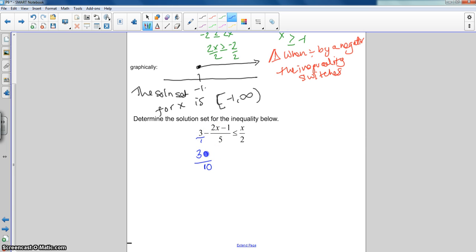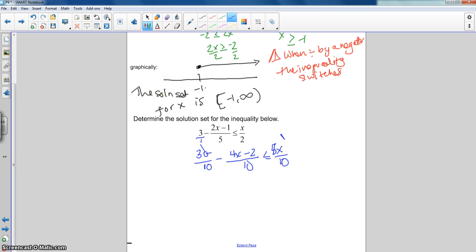This next one I need to multiply top and bottom by 2, so that's minus 4x minus 2 over 10, less than or equal to x, 5x over 10.